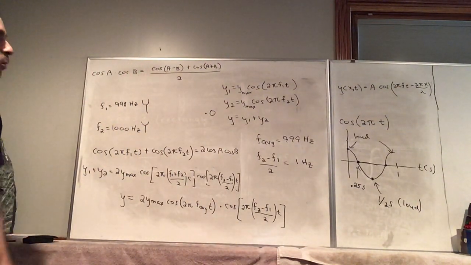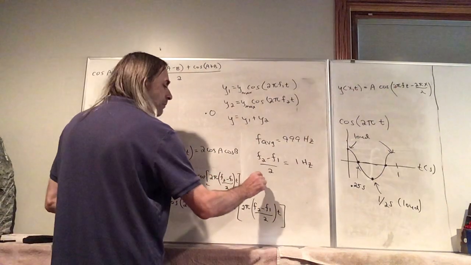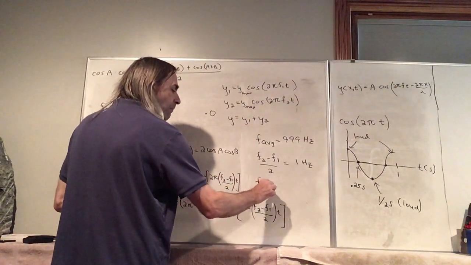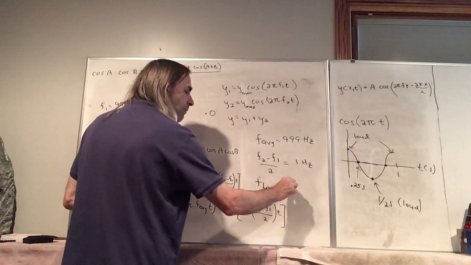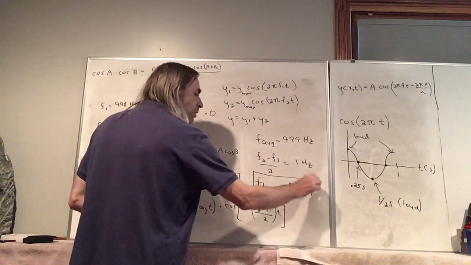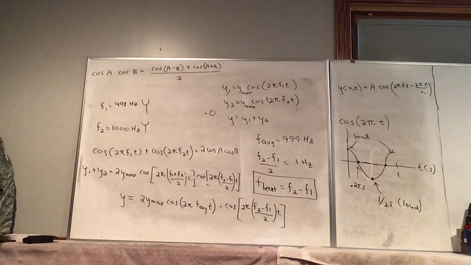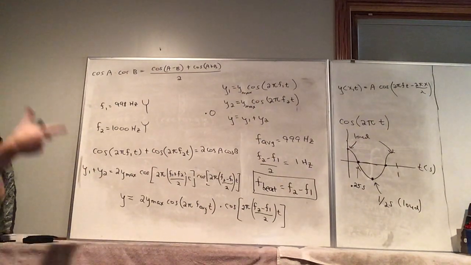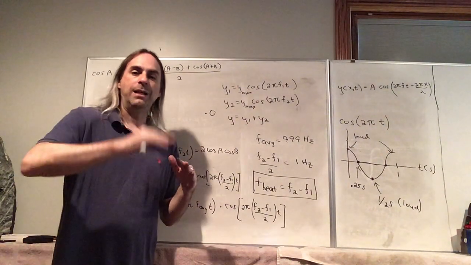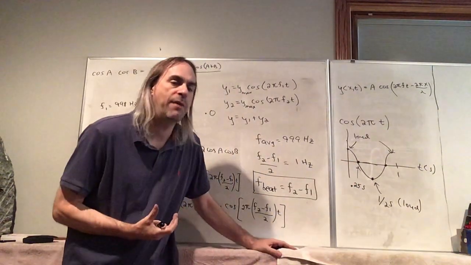So what we're going to do is define what we call the beat frequency. That would be F2 minus F1. And that kind of modulates how quickly the sound rises and falls. If you listen to it, 1 second, that's something you can definitely notice.